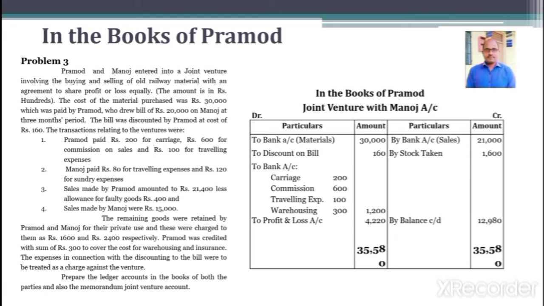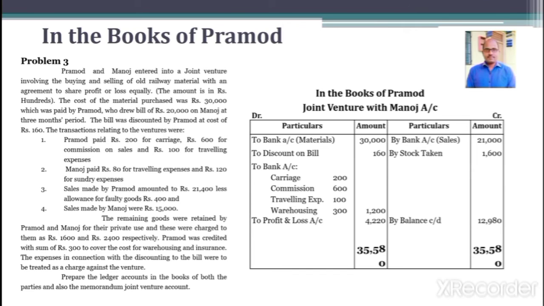So materials 30,000, to discount on bill 160 rupees, to bank account. So these are the four expenditures incurred by Pramod. Carriage expenses 200, commission 600, travelling expenses 100 and warehousing 300. So total expenditure is 1,200. Next, to profit and loss account 4,220. So this is the profit on Memorandum Joint Venture account.